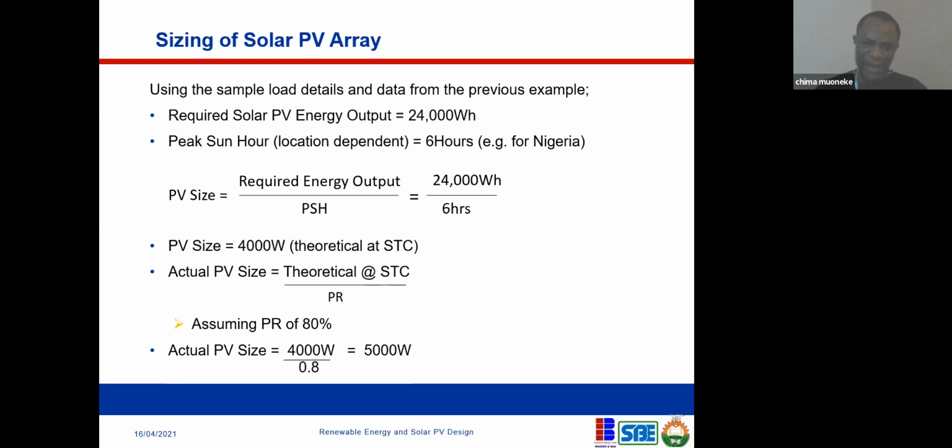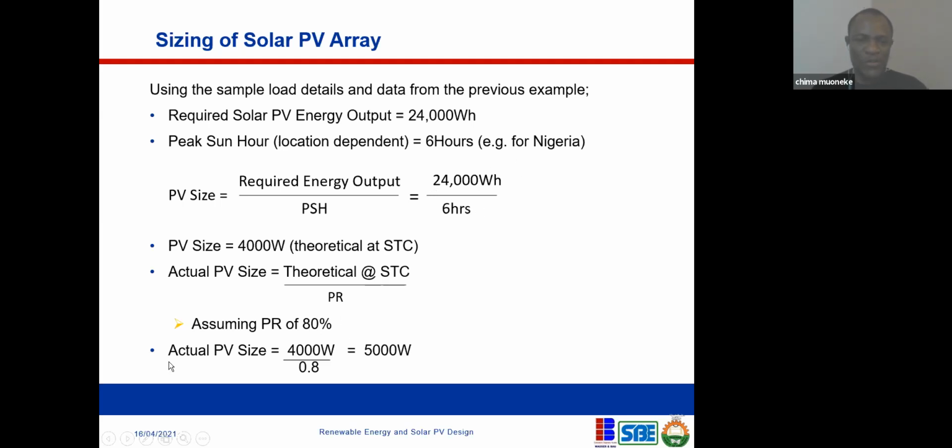Okay, so out of the 100% of what they've told us that this PV can generate, which is 4,000, it can only give us 80% of this 4,000. But we want it such a way that it should still be able to support us with the generation of 24,000 watt hour.